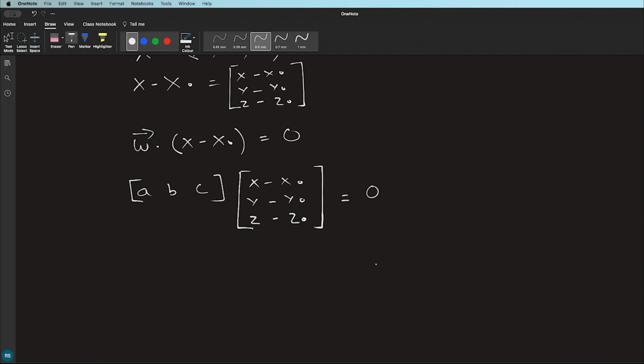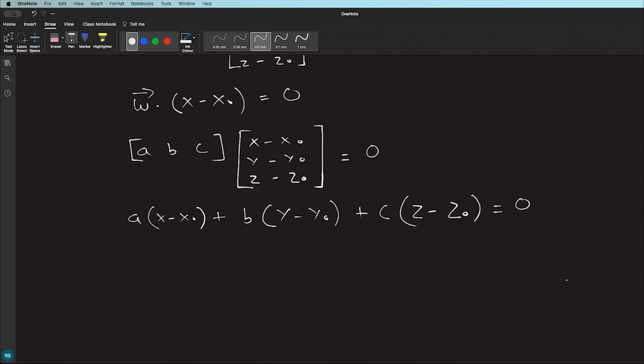Also we have studied that dot product always results in a scalar. So I can write this equation as a into x minus x naught plus b into y minus y naught plus c into z minus z naught equal to 0.